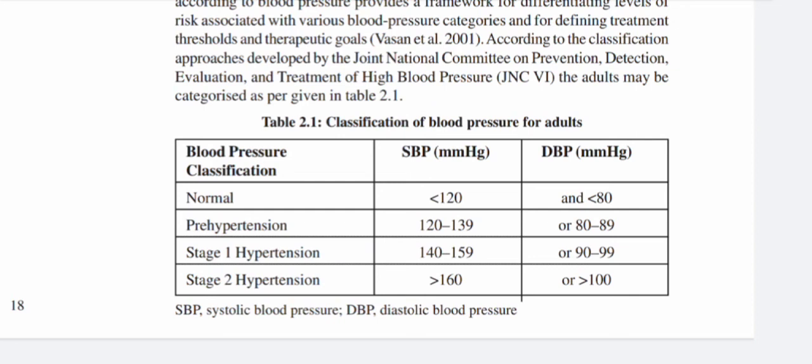At stage 1 hypertension, SBP will be between 140 to 159 mmHg and diastolic between 90 to 99 mmHg. At stage 2 hypertension, systolic blood pressure will be greater than 160 mmHg and diastolic blood pressure will be greater than 100 mmHg.